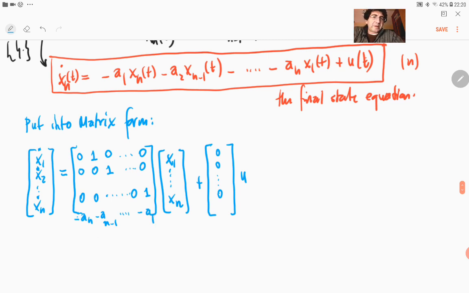Sorry about this, let me write this again. Minus an, minus an minus 1, minus a1. Right here I'm a bit squeezed with my resolution, and also I have here the input term.